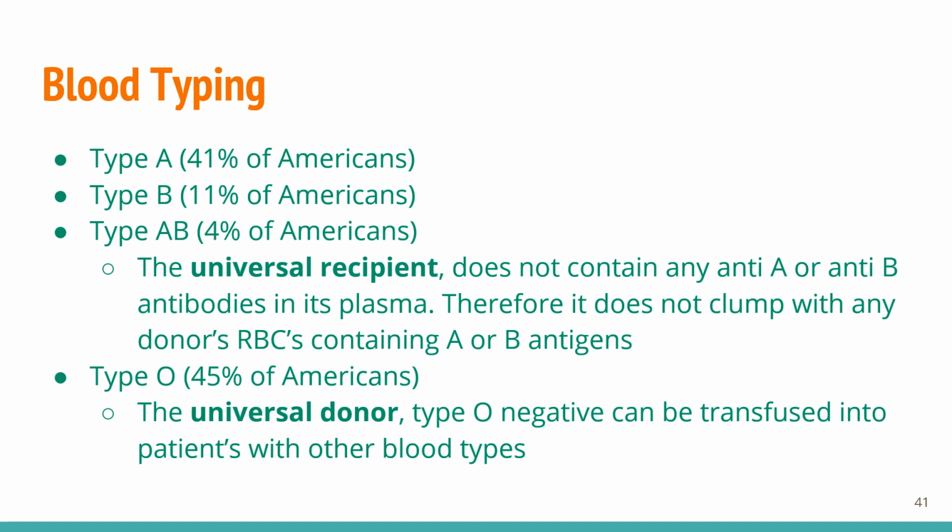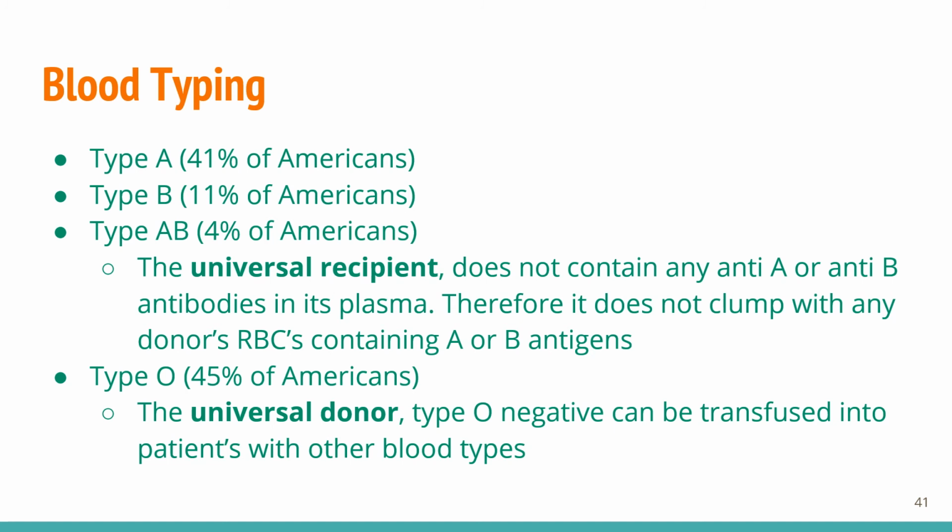About 41% of Americans are type A blood, type B 11%, type AB is 4%, and they're considered the universal recipient. They do not contain any anti-A or anti-B antibodies in the plasma, so it's not going to clump with any of the donor's red blood cells containing A or B antigens.